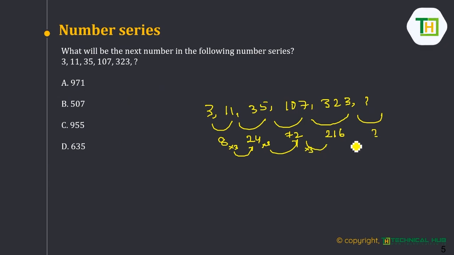So the next difference should be 216 multiply 3. 16 3s are 48 and 200 3s are 600, so totally 648. If the difference is 648, the next number should be 323 plus 648.